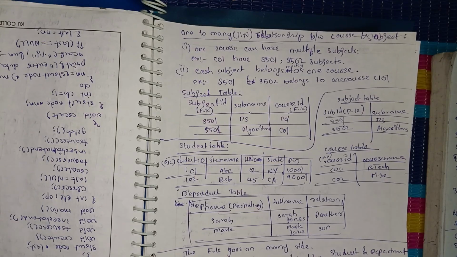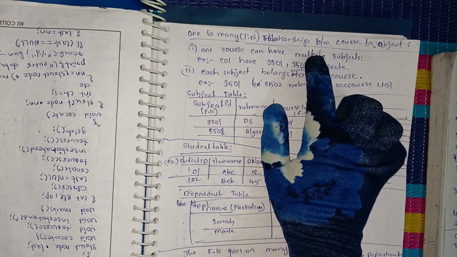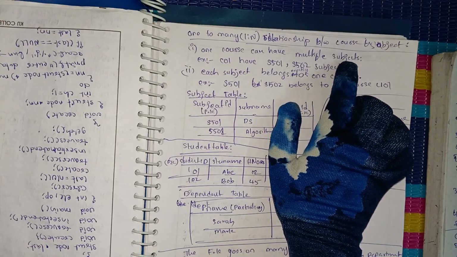So according to that, we place the primary key. Here the many side table is the subject table.